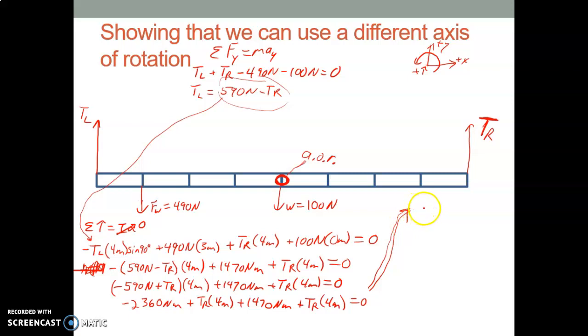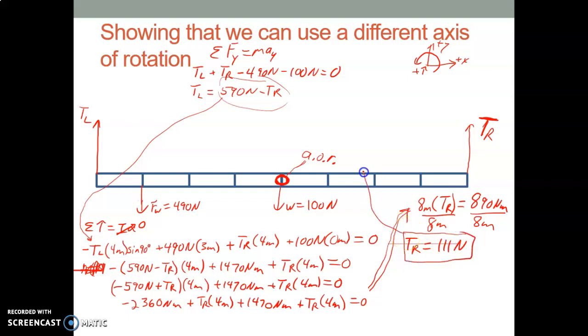So negative 2360 plus 1470. Go ahead and calculate that. That comes out to negative 890. We add 890 to both sides. We also do some simplification on the right side. 4 meters times T sub R plus 4 meters times T sub R, that's 8 meters T sub R. And then, like I said, we're adding 890 newton meters to both sides. We divide by 8 meters. And we get T sub R equals 111 newtons.